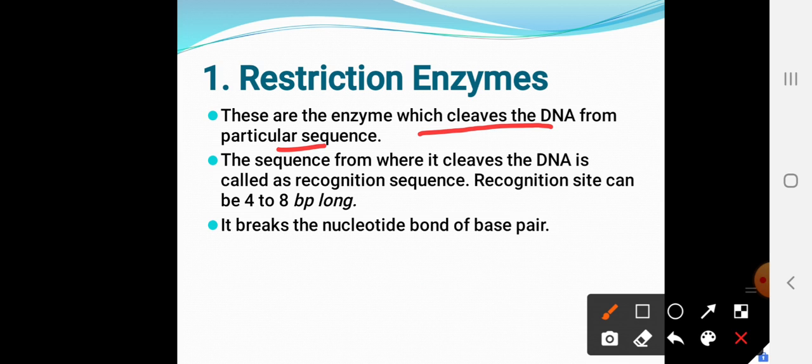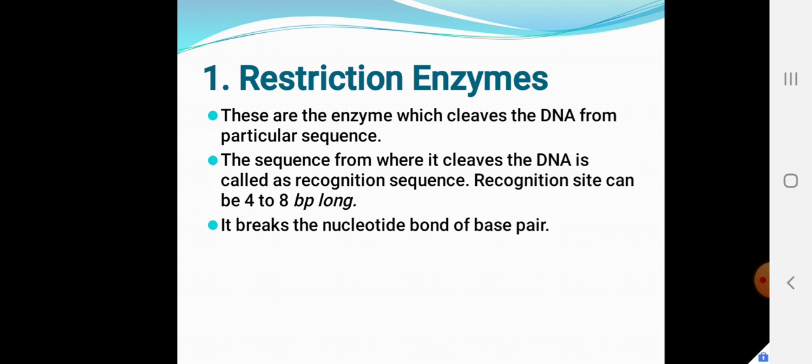The sequence where it cleaves the DNA is called the recognition site, and a recognition site can be 4 to 8 base pairs long. How does this enzyme work? It breaks the nucleotide bond of the base pair.